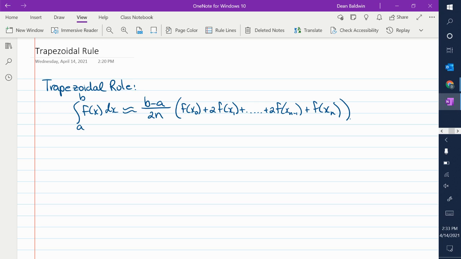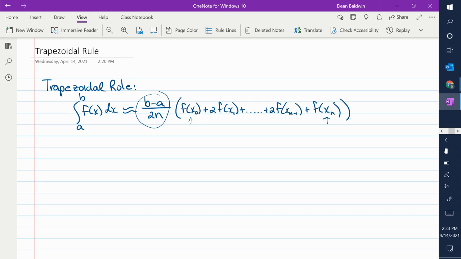Yes, f of x1. Okay, the only trick to this formula is the first term, f of x0, and the last term, f of xn, have coefficients of 1. Every other thing in the middle has a coefficient of 2. Okay?